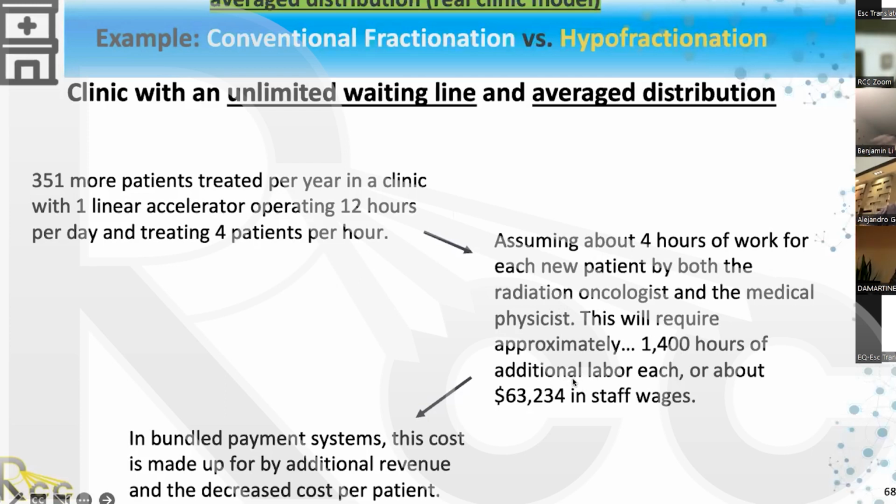And this is like a salary of $45 per hour. Then that means it's 63,000 more dollars in payment for these professionals, but these costs are compensated with additional income and the distribution of the cost per patient. So it's worthwhile, but we need to invest in human resources.